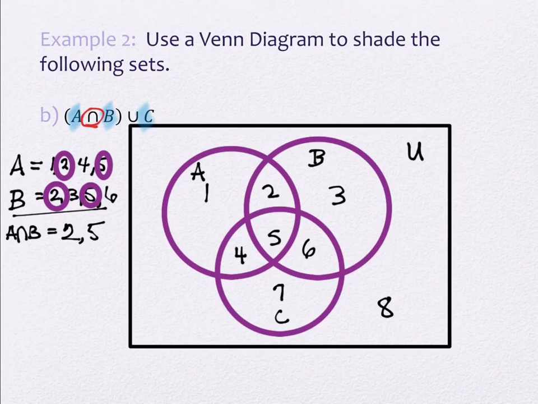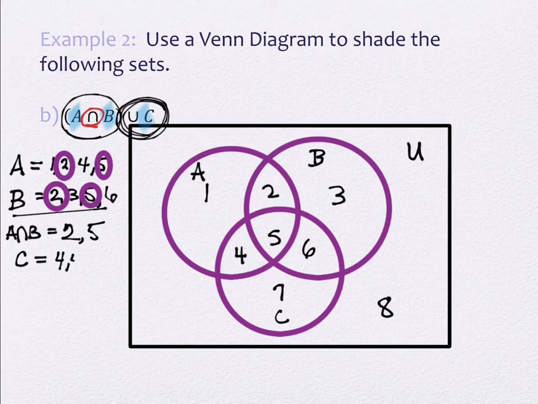So if the question only asked us to do this, we would be done, right? But we have an extra step out here that says union C. So I need to also consider set C. What numbers are in set C? 4, 5, 6, and 7.